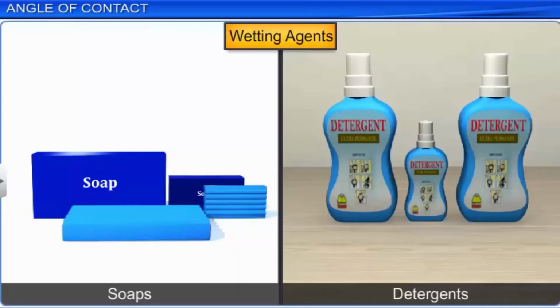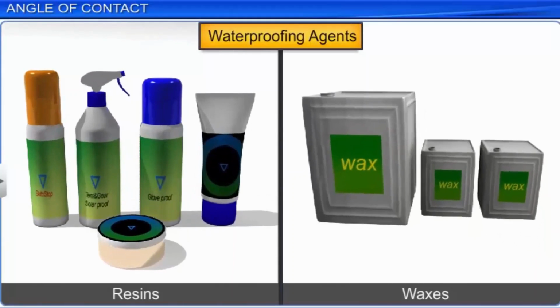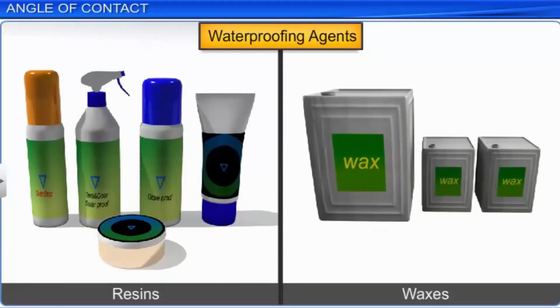On the other hand, in the case of waterproofing agents such as resins and waxes, the angle of contact is obtuse and hence prevents the water seeping into fibers and surfaces on which they are applied. You experience this when you use a raincoat to protect yourself from a downpour.